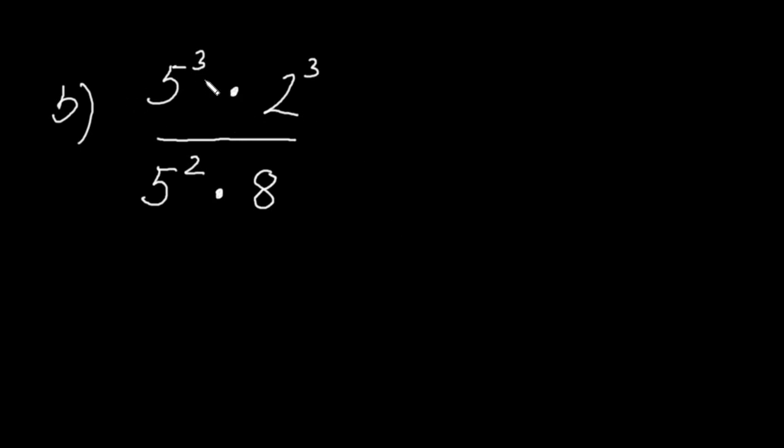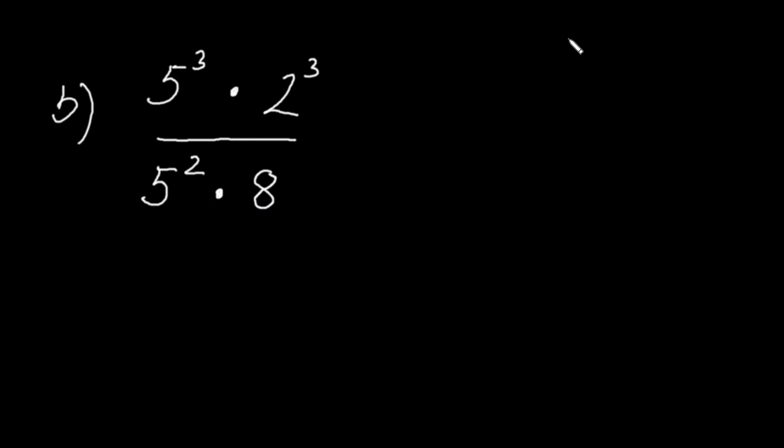So notice straight away we have 5 cubed multiplied by 2 cubed over 5 squared multiplied by 8. And so again, we want to break down 8 into its prime factors, and hopefully its prime factors would evaluate to either 5 or 2 to help us with our cancellations.